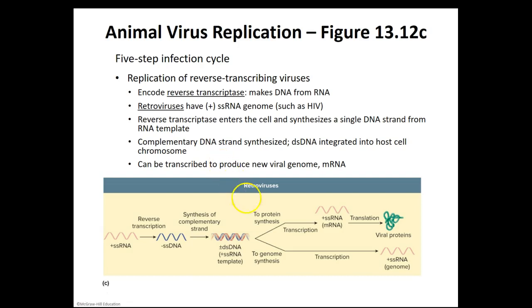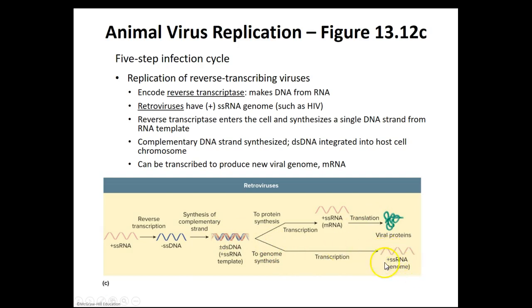At some point in the future, that double-stranded DNA that was incorporated can be excised, and once excised, the minus strand carried in that double-stranded DNA could serve as a template for transcription to produce the plus-stranded RNA.